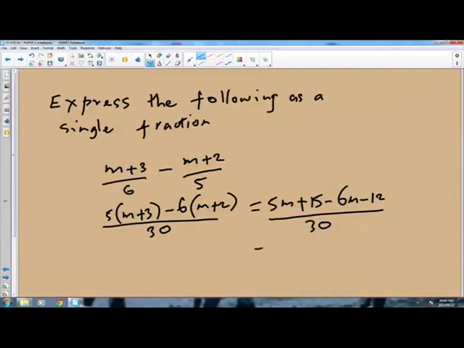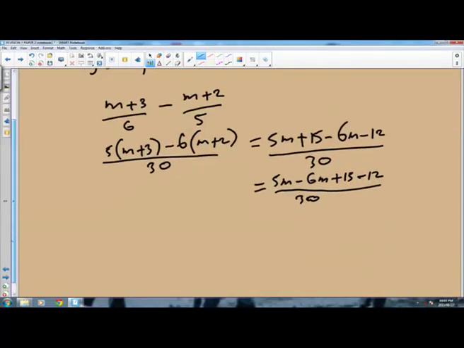And then upon simplifying, we just collect the like terms. 5m minus 6m plus 15 minus 12, divided by 30. 5m minus 6m is minus m, and 15 minus 12 is plus 3.